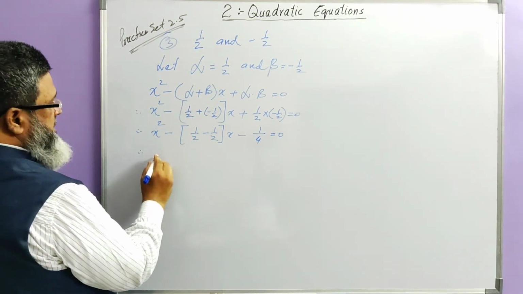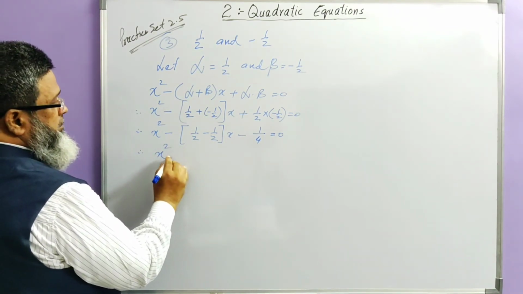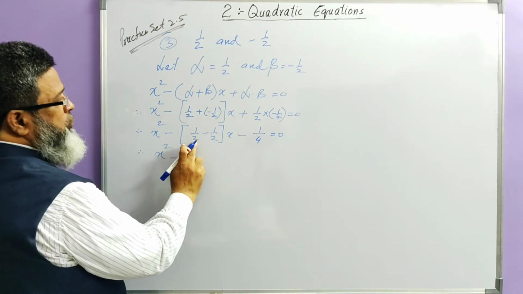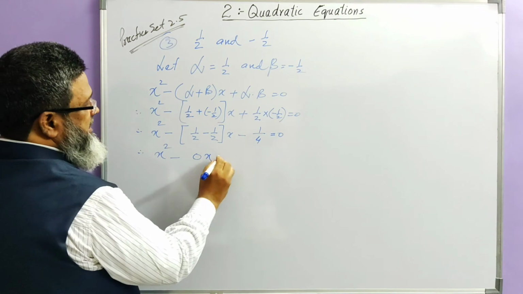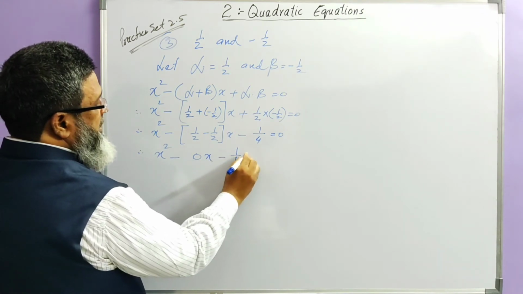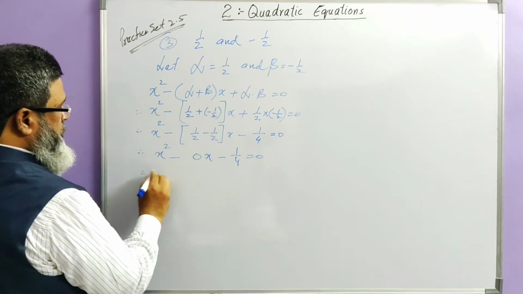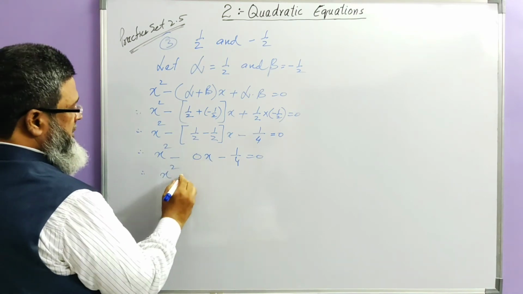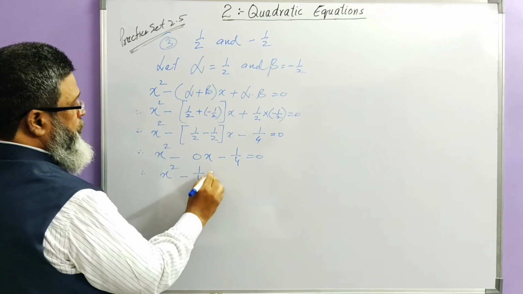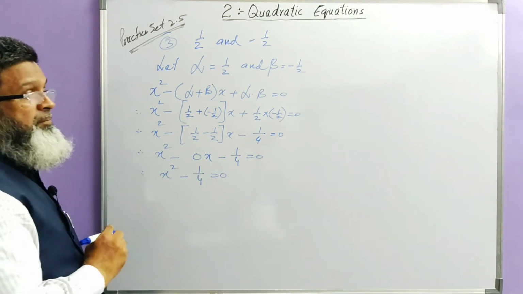Therefore x square minus (1 upon 2 minus 1 upon 2 is 0) x minus 1 upon 4 is equal to 0. So x square minus 0x, no need to write, minus 1 upon 4 is equal to 0.